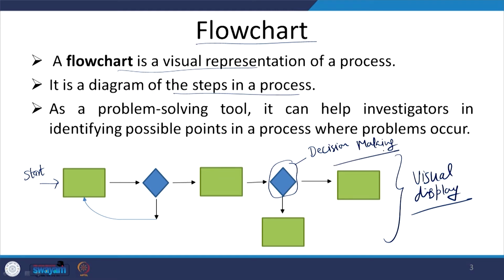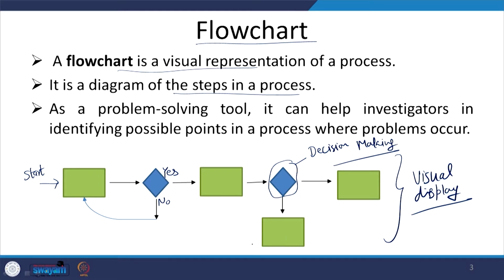If you are taking some decision, after each activity some decision has to be taken, either yes or no. If it is okay, then you are going ahead. If it is not okay, you are going back. Similarly, here also if it is yes, it is going for grade A product. If it is no, it is going for grade B product.